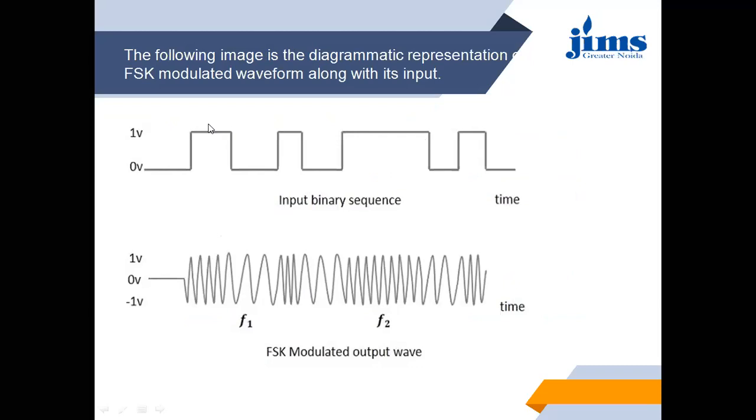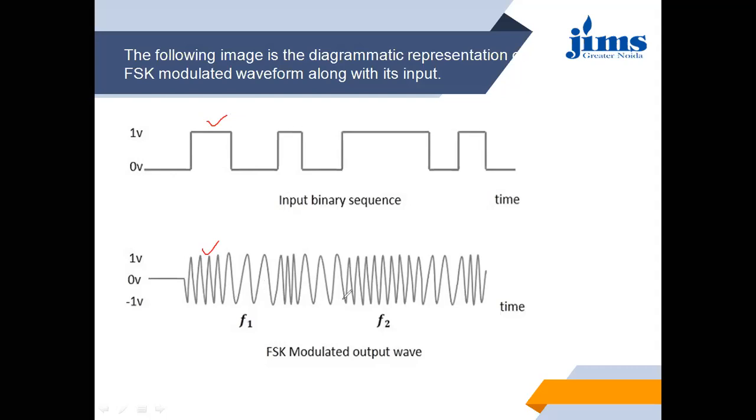Now, in case of FSK, whenever the binary input is high or positive, the frequency of the modulated wave will be high. This you can see, I'll show you through annotation. So whenever your binary signal is high, the frequency is high.